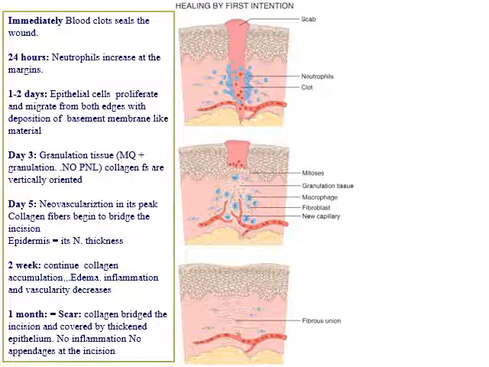Immediately, a blood clot seals the wound like this. After 24 hours, neutrophils increase at the margin, while from 1 to 2 days, epithelial cells proliferate and migrate from both edges with deposition of basement membrane-like material.